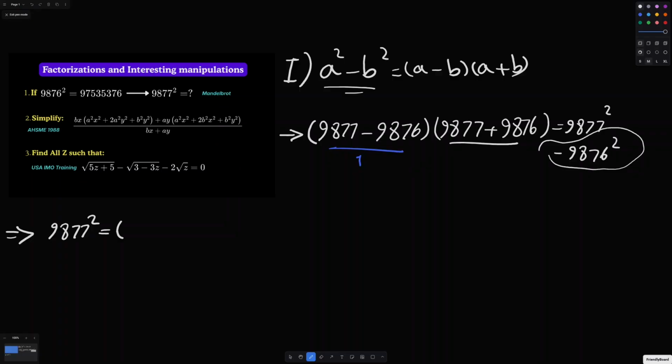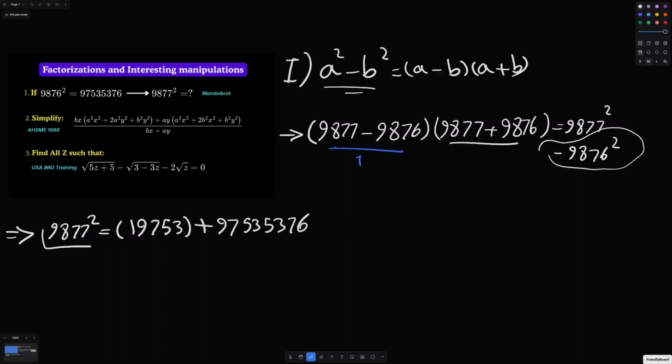That is 19,753 plus, because as you can see, this one is going to come out to the other side, so it's going to change its sign, and we have the result for it as well, plus 97,535,376.